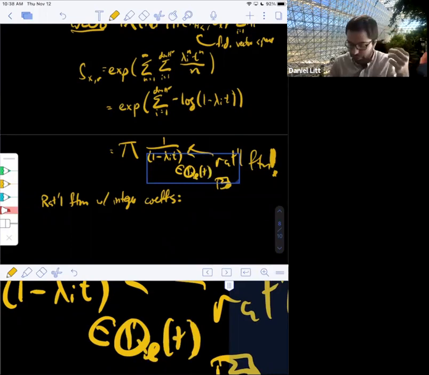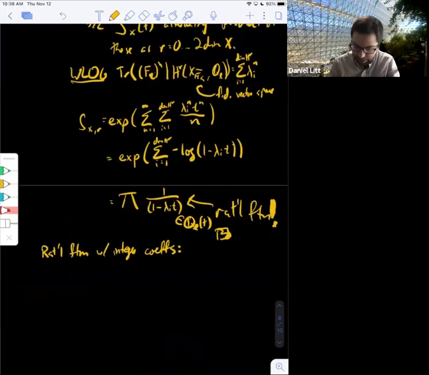Strictly speaking, we had to make a base change to get these lambda_i's, but if you stare at this, you'll see it's symmetric in the lambda_i's. So in fact, what is this? It's like the reciprocal polynomial of the characteristic polynomial of F_q, right? So in particular, the coefficients of this actually lie in Q_l.